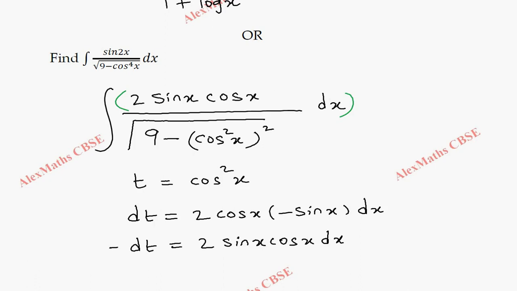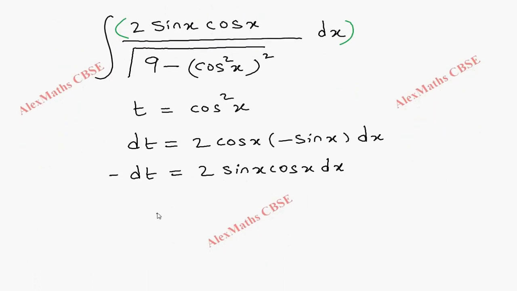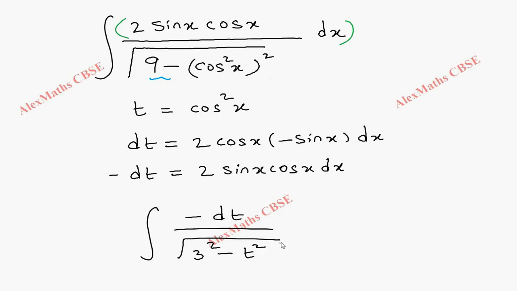So coming to the integration, integral of minus dt by root of, this 9 can be written as 3 square, and cos square x is t, but this is cos square x whole square, so this becomes t square.